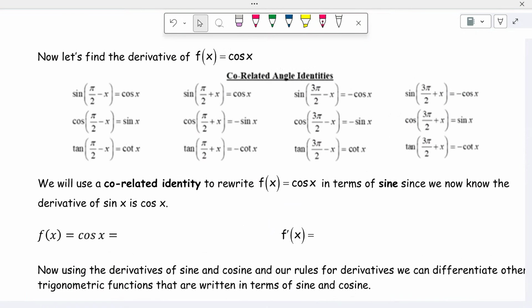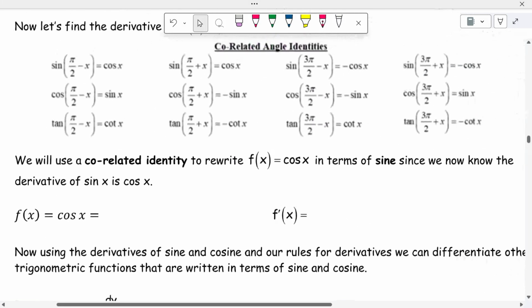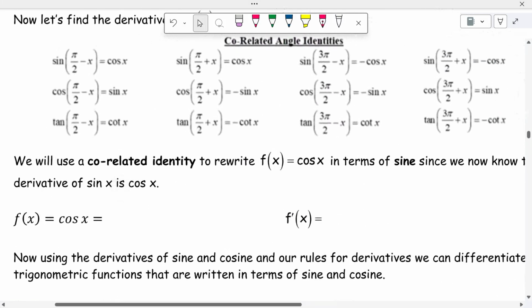Because that's all the knowledge we have right now with derivatives of trig functions. All right. So scan all those correlated angle identities and find one in terms of sine, because there's a couple that you could pick that is the same as cos x.